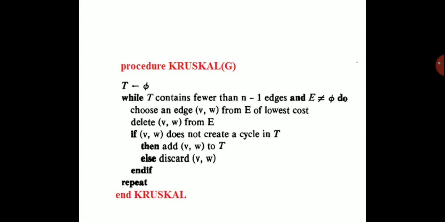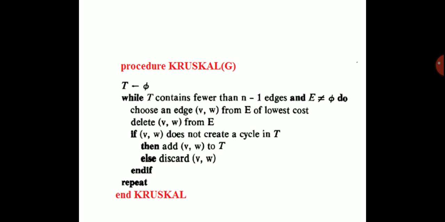The second thing we are going to do is check whether the particular edge v w forms a cycle. It should not create a cycle. When it creates a cycle, that edge should be dropped. So, if v comma w does not create a cycle in T, then add v comma w to T. What is T?